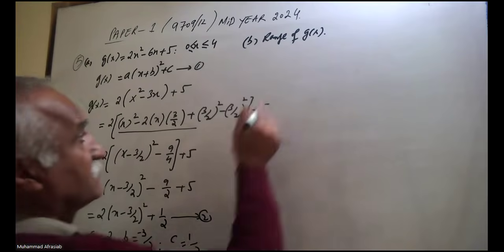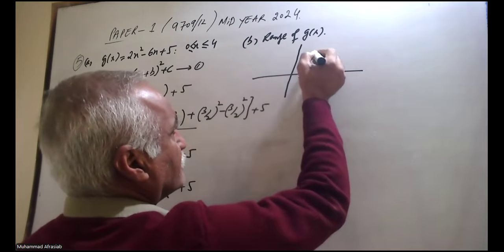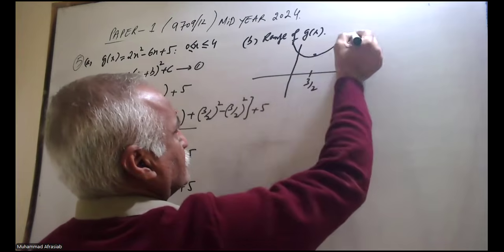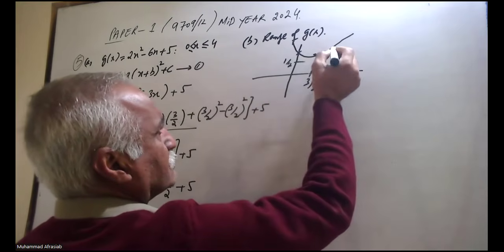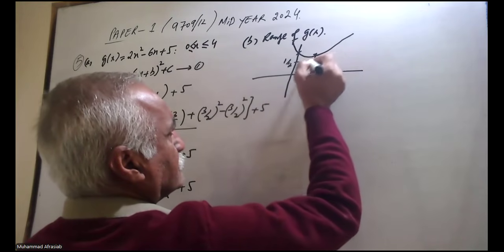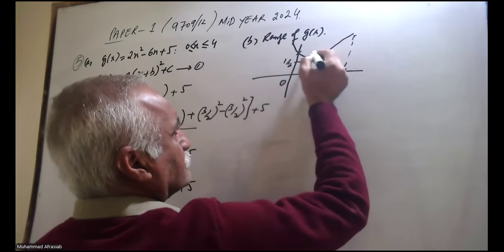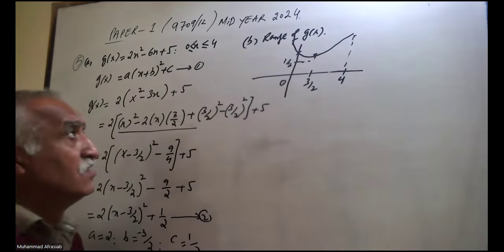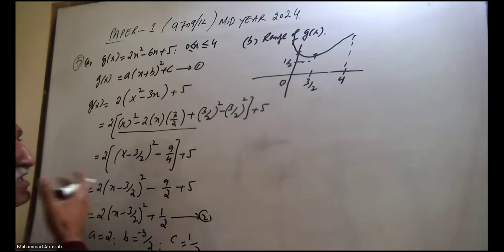If we draw the sketch of this, because the coefficient is positive, it will be a minimum, the vertex is at 3/2, and it is cutting at the half, not the y-intercept. The y-intercept is basically equal to 5 there.